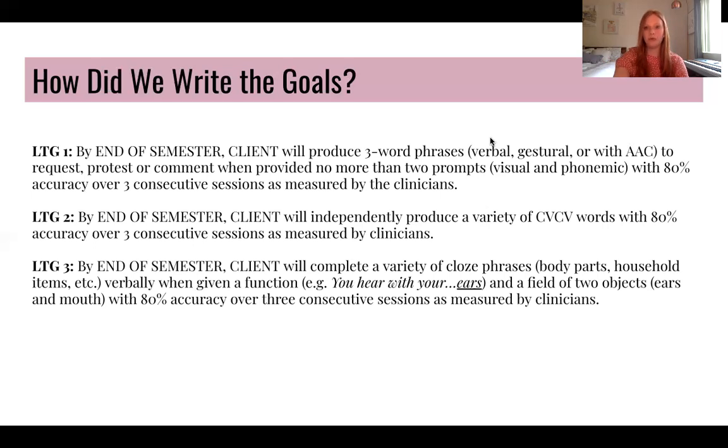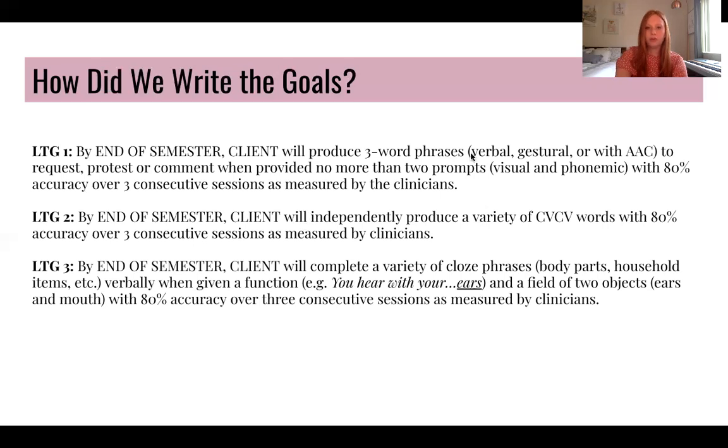So just for example, verbal, gestural, or with AAC, but we would take anything. If she wrote a word, we would take it. And then here, no more than 2 prompts, I also would say E.G. because we didn't just give her visual and phonemic, we also gave her tactile and auditory. So if I wrote I.E., that means that anytime we used a tactile cue, she wouldn't meet her goal. So that's why I would use E.G. for both of those.